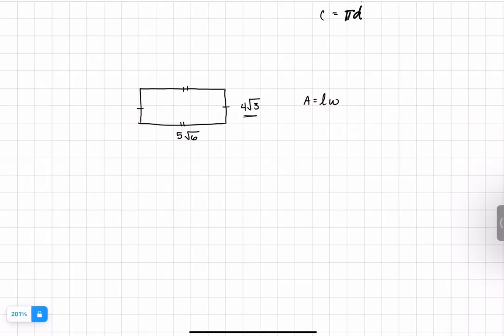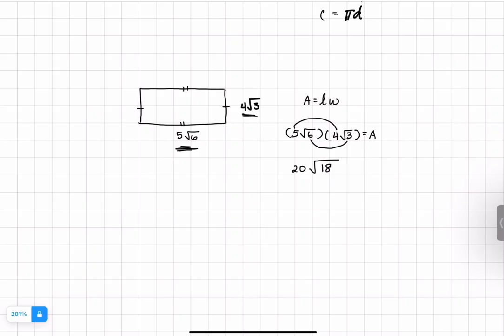This is the length and this is the width, or either way, it doesn't matter. So we're doing 5 root 6 times 4 root 3. We multiply numbers on the outside with themselves and inside with themselves. So 5 times 4 is 20 and 6 times 3 is 18.